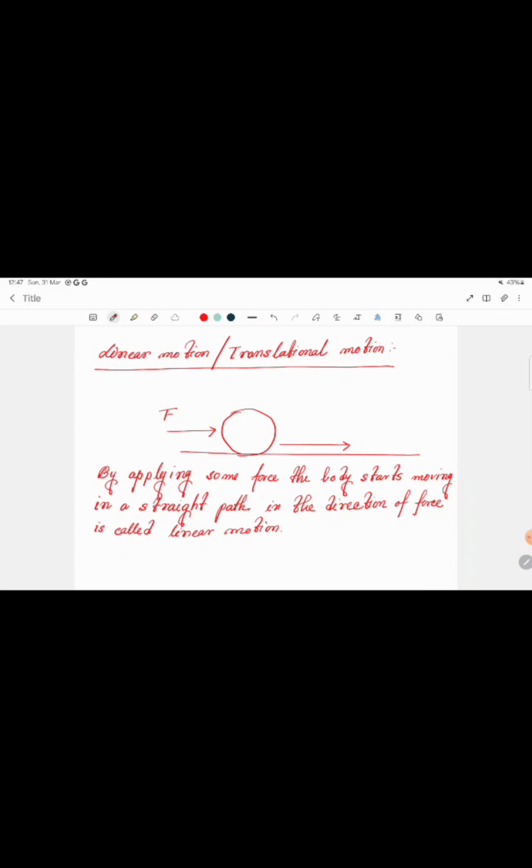So in linear motion, when we apply some force, the body moves in a straight line path. Now our next topic is rotational motion.